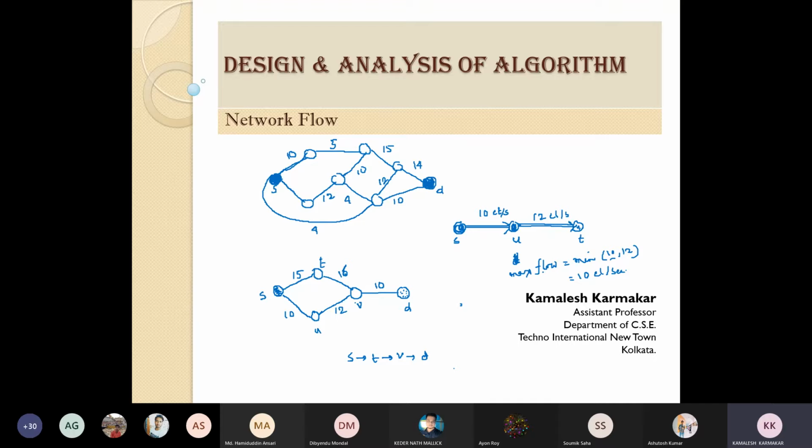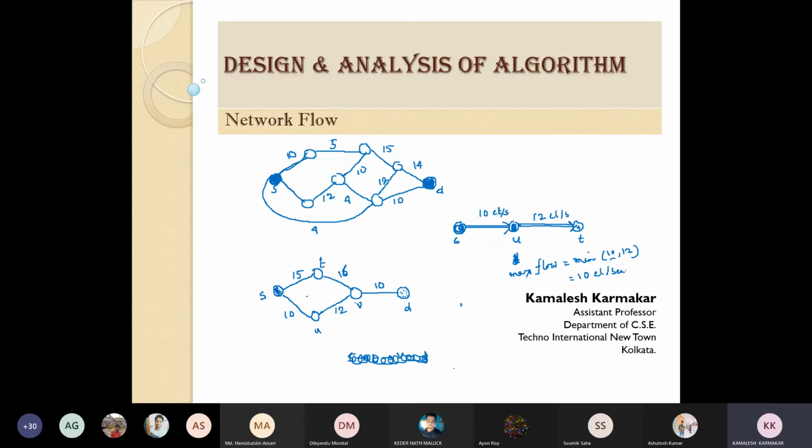Okay. Now this is the scenario. If we come to this previous example, this is not the solution. What can be the maximum flow of this network?